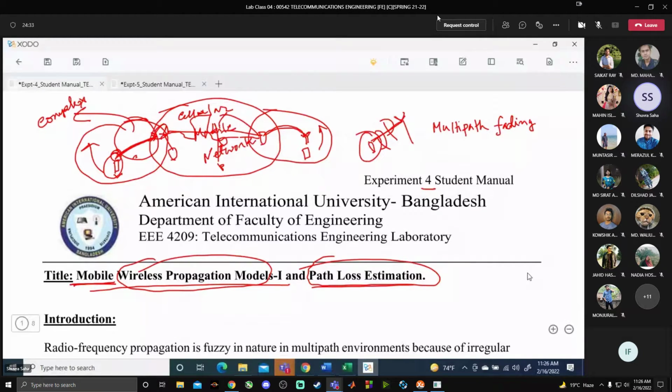So there the environment is pretty simple. And if you think about suburban areas like small cities, like you can say Cumilla, Feni, Chandpur, these parts, there the number of buildings is less. So what I'm trying to say is that the cellular mobile wireless environment is different in different regions.